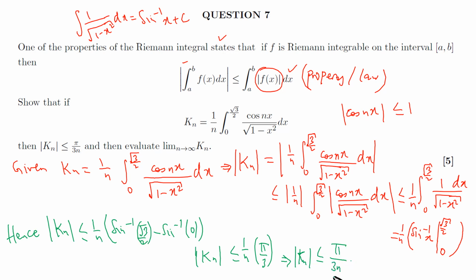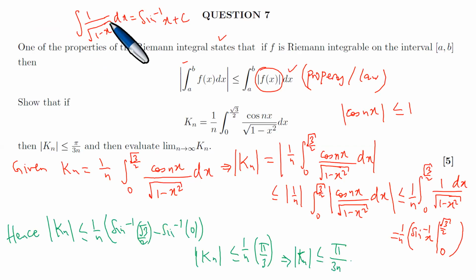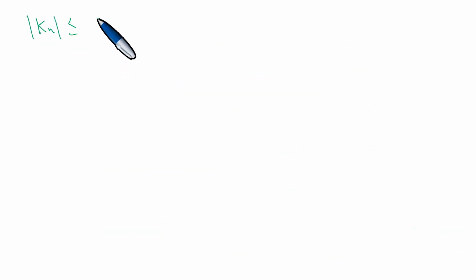Okay. Right, after this, we need to just evaluate the limit of the Kn. So from the previous page, we are able to achieve that Kn is less or equal to pi over 3n. Right, which is the limit.